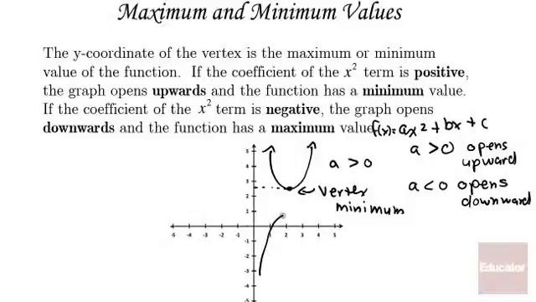Conversely, if I have a parabola that opens downward, okay? So here, a is less than 0. I have a parabola that opens downward. In this case, the vertex is going to give me a maximum value.